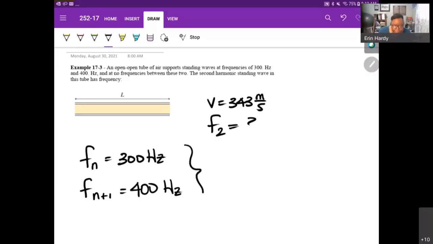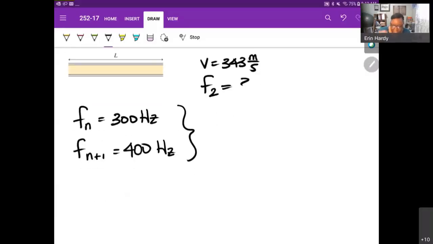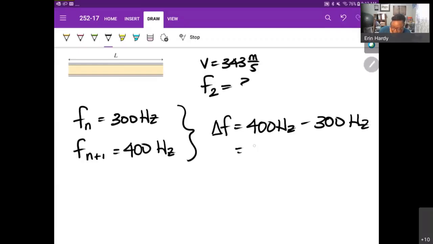We saw in Monday morning's lecture that the allowed frequencies that can form on a specific string, or in this case a specific tube, form a series. So if these are the two adjacent allowed frequencies in this series, delta f is just the difference between these, f sub n plus 1 minus f sub n. This is going to give us 100 hertz.